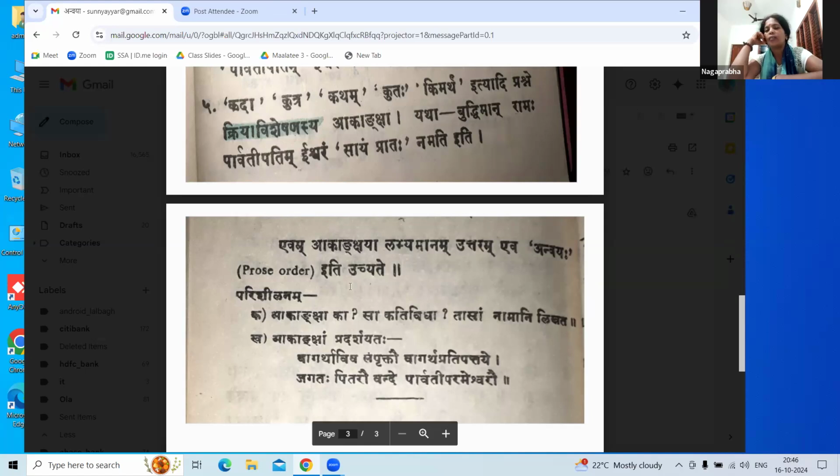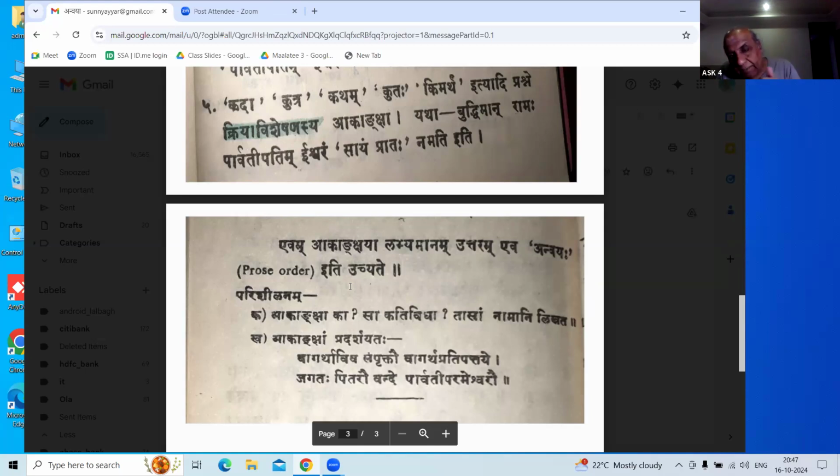Yatha Vagartha Samprukto Vagartha Pratipattaye Tatha Jagatah Pitarau Parvati Parameshwarau. Then if you put Yatha, then there won't be Iva, right? No, Iva should be there.